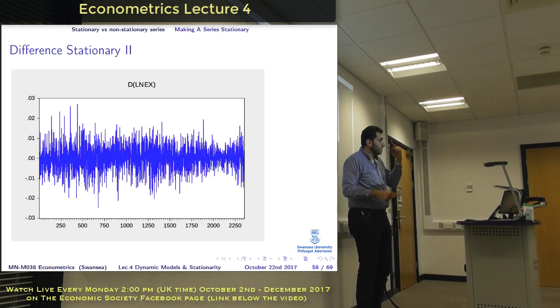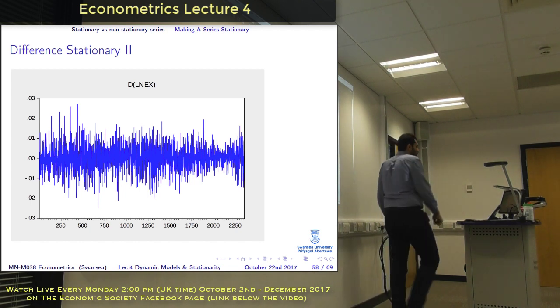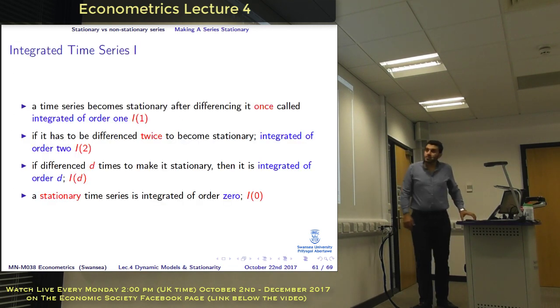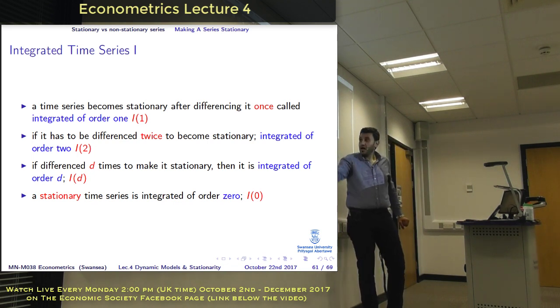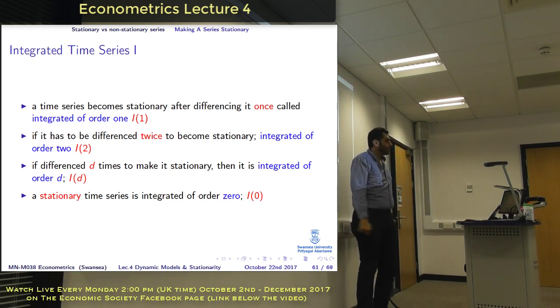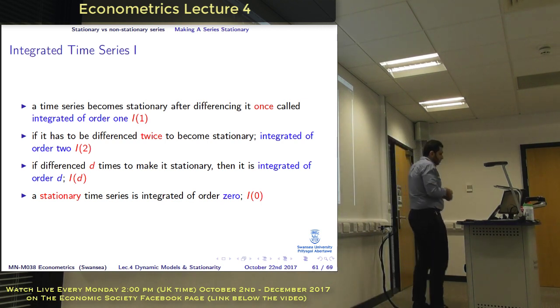So we needed to difference only once. That makes it I1. So the exchange rate series we had is I1 because we had to difference once to become stationary.